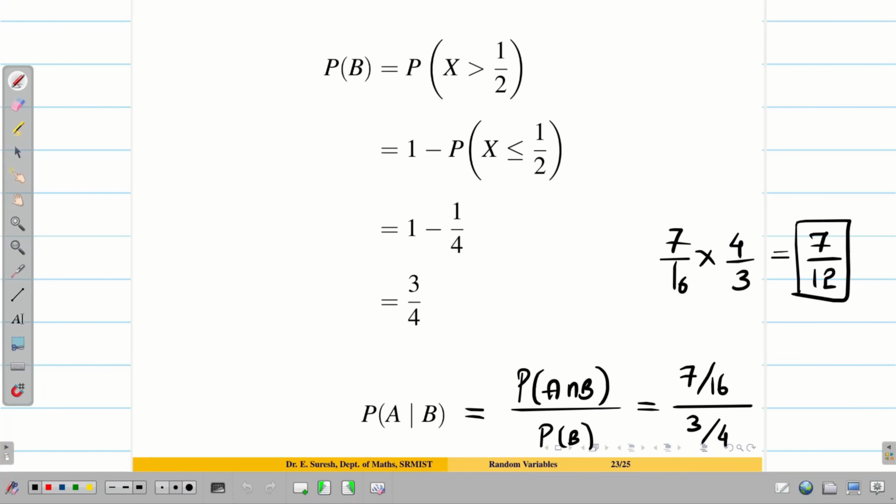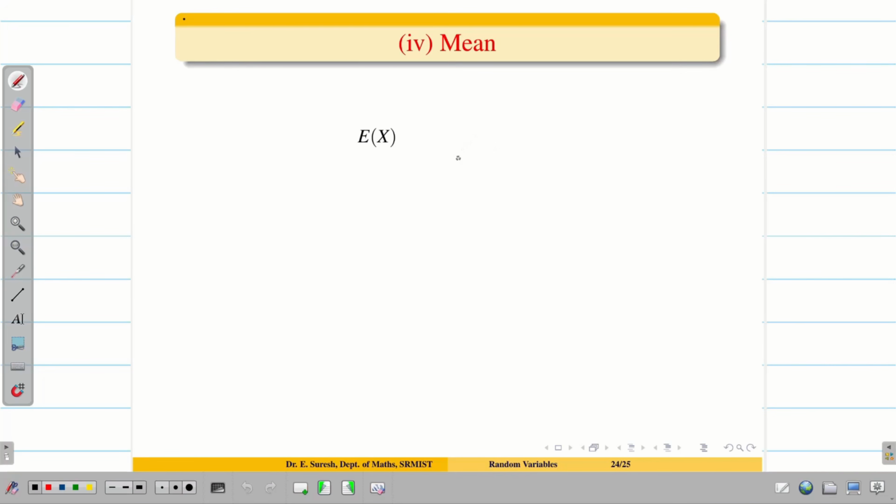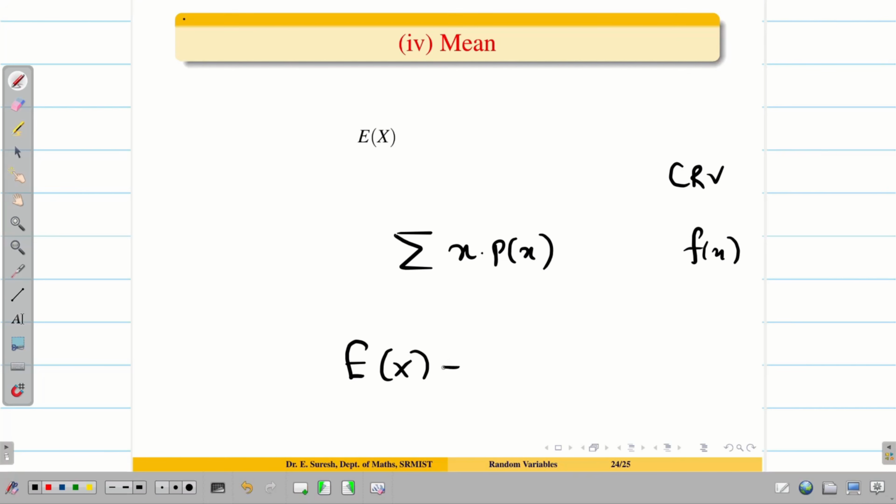Next we are going to deal with mean and variance. The formula for mean in a discrete random variable is summation x into probability of x. In a continuous random variable, we have the function f of x. Therefore, my E of x is going to be integral from minus infinity to infinity of x into the function f of x dx.